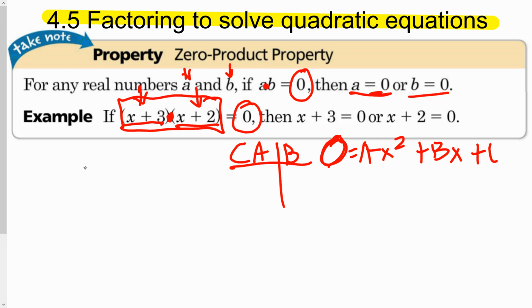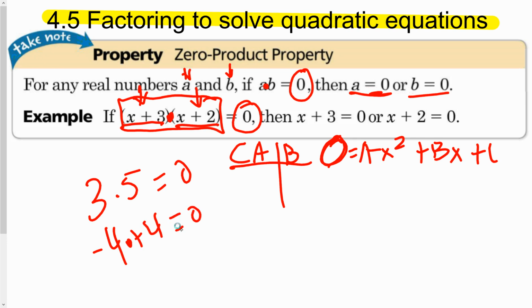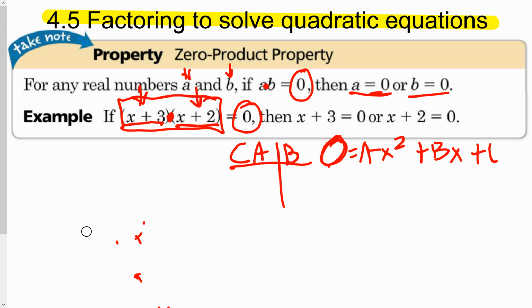Because I can't multiply two things, say like 3 and 5, and get 0, right? I can't multiply negative 4 and positive 4 and get 0, right? The only way is if one of them is 0, or they both are 0. That's what the 0 property says.